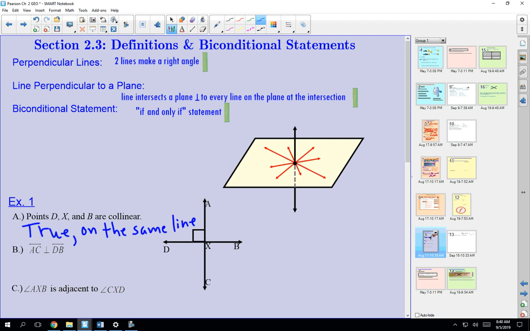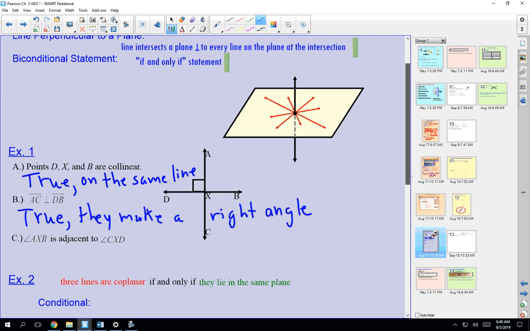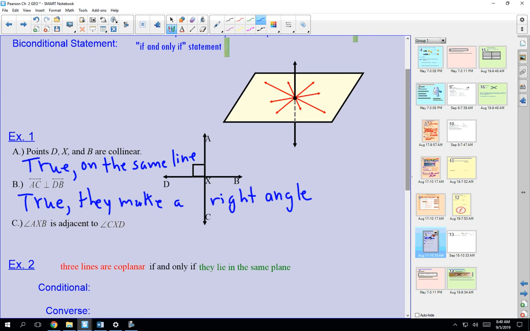What about, this is the symbol for perpendicular, upside down T, which you should know. AC is perpendicular to DB. It's true. How do you know? Yeah, they make a right angle. And what about the third one on here. Angle AXB is adjacent to angle CXB.